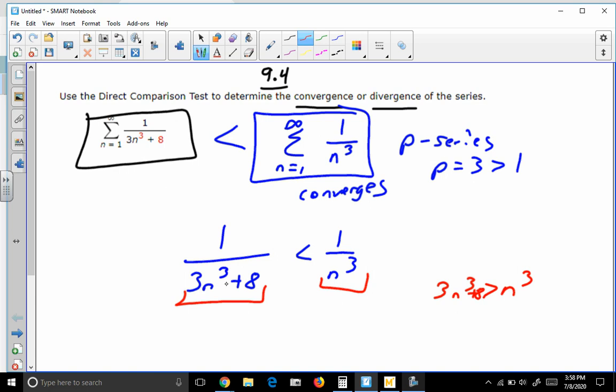So this denominator is bigger than that one. Our n's are positive numbers. So if we have the same numerators but a bigger denominator, then by default, this one is going to be smaller. Think about 1 over 4 compared to 1 over 2. Numerators are the same. If the denominator is bigger, it makes it a smaller fraction. So that's a true statement. Since the bigger one converges, the smaller one converges as well.